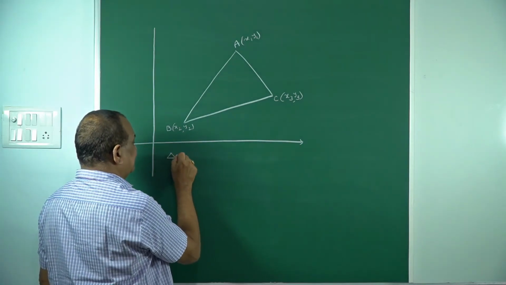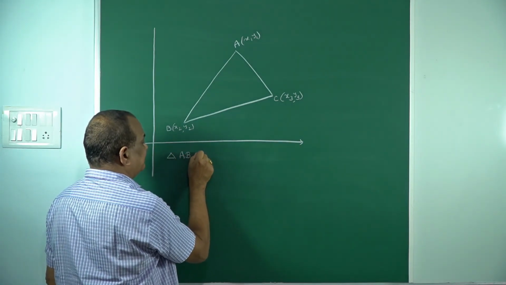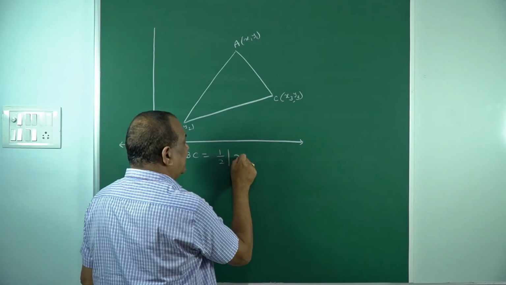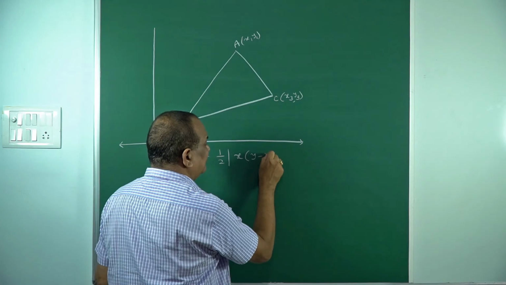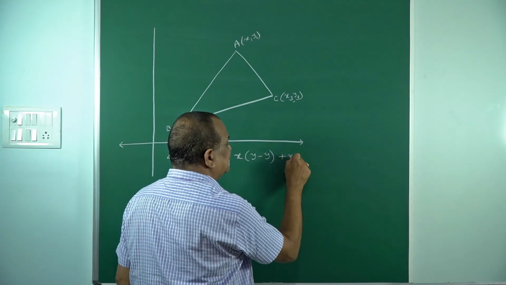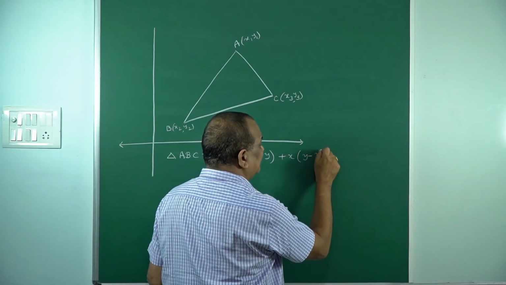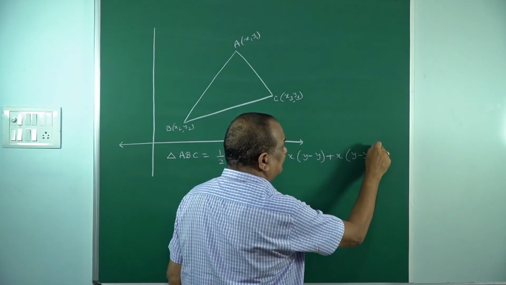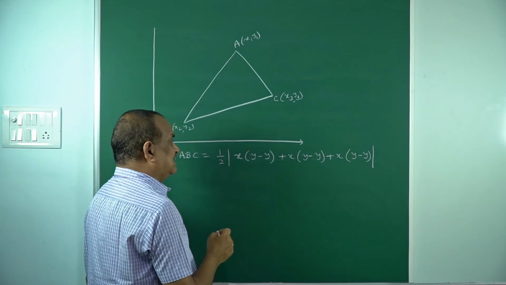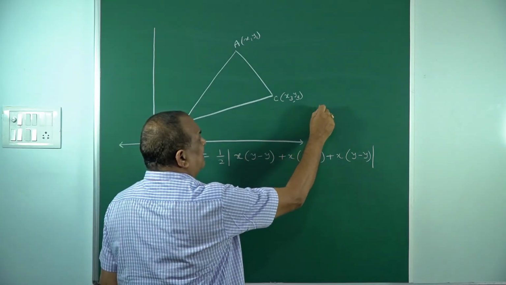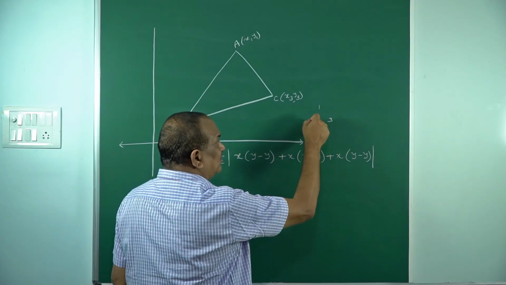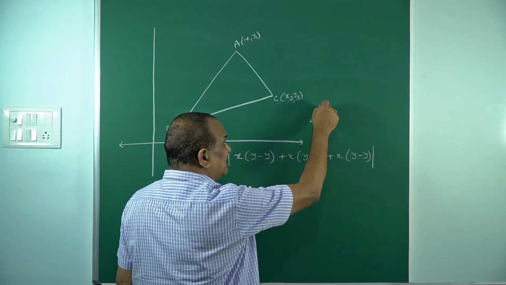Area of the triangle ABC is equal to half mod, you write down x y y plus x y y plus x y y. This is a cyclic expression. You write down x first. Then you write 1, 2, 3 in the cyclic order. 1, 2, 3, then 2, 3, 1. Don't go back in the same direction.